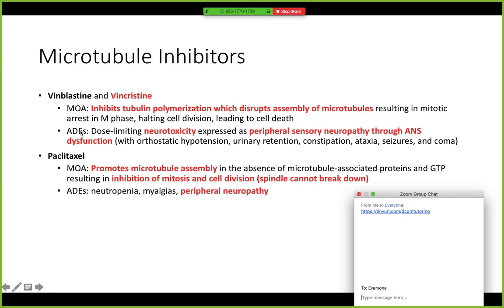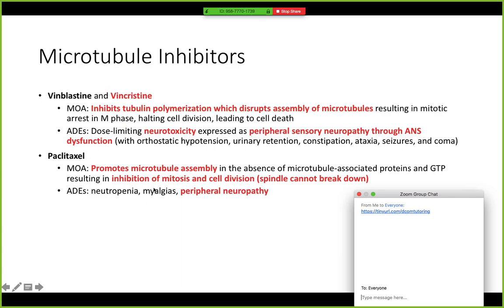Okay, so your microtubule inhibitors are vincristine and vinblastine, and then your taxanes, and the one she wanted you to know was paclitaxel. And really, the takeaway for this year from this slide is knowing your Chemo Boy and knowing that an adverse effect you can see with your vincristine or your taxanes is peripheral neuropathy.